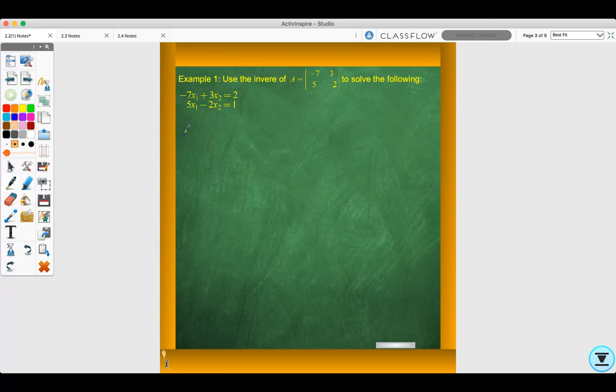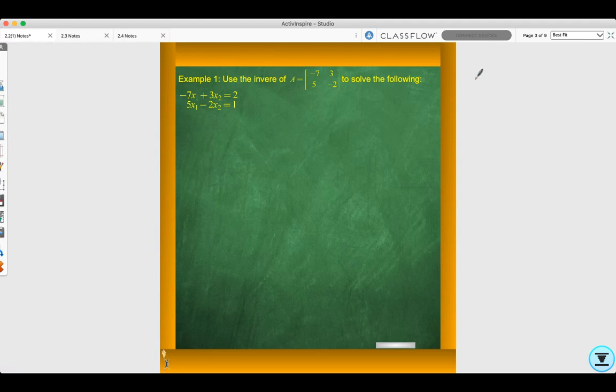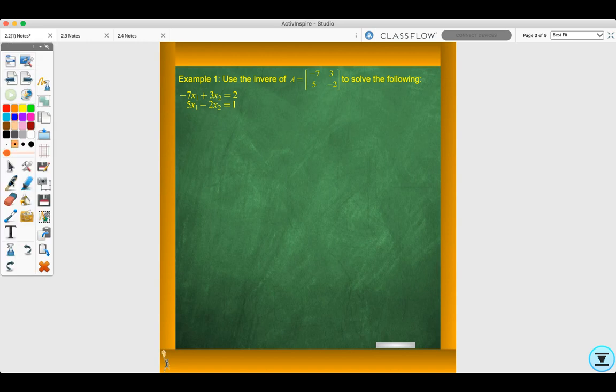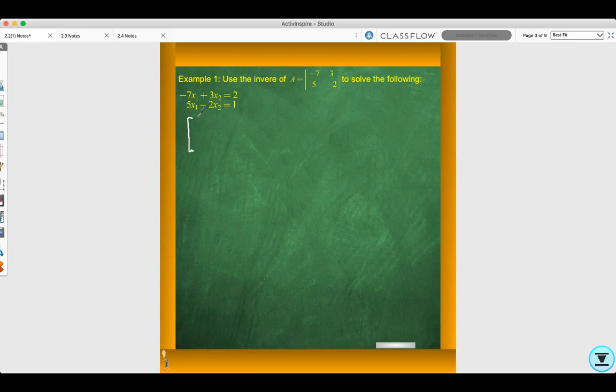Let's look at example 1. Use the inverse of A to solve the following. So that should say inverse. Negative 7x1 plus 3x2 equals 2, and 5x1 minus 2x2 equals 1. So here I have the matrix negative 7, 5, 3, negative 2.